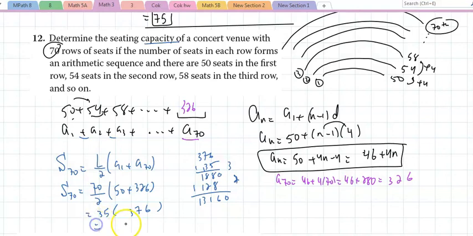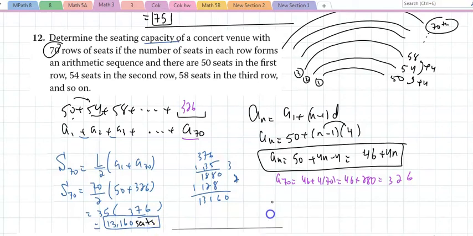That could hold 13,160 people. I'm going to say seats. So this concert hall, arena, whatever it is, can hold 13,160 people. Isn't that cool?